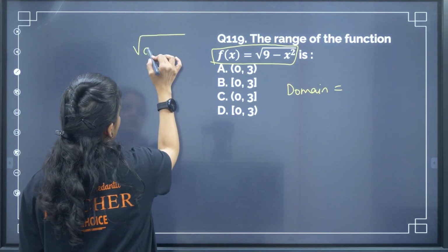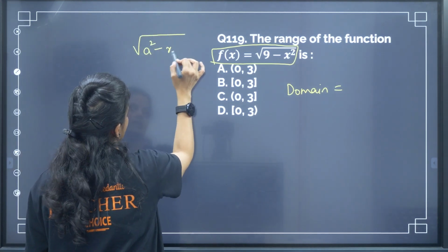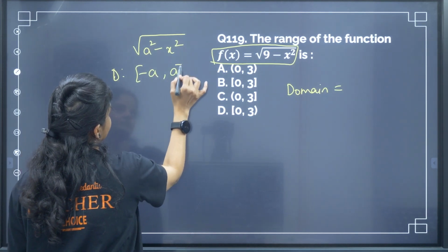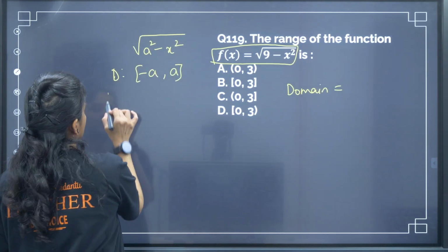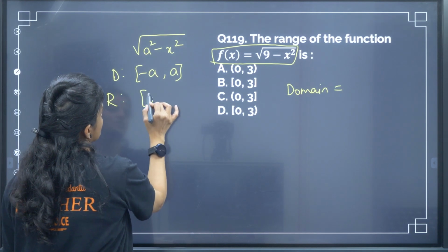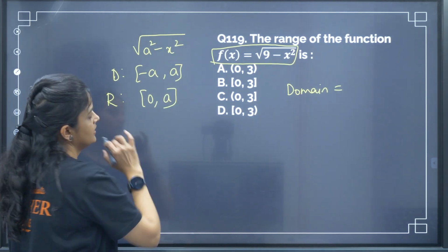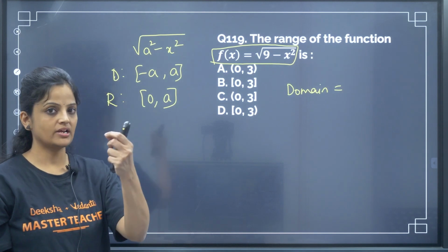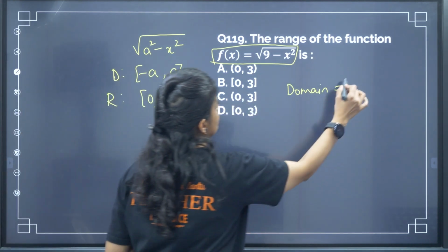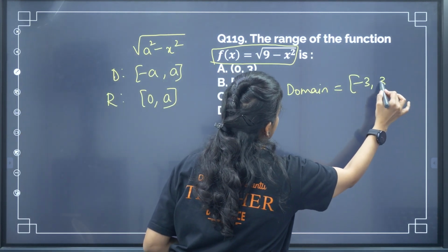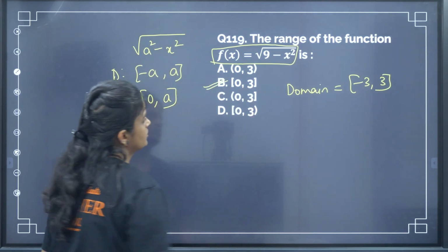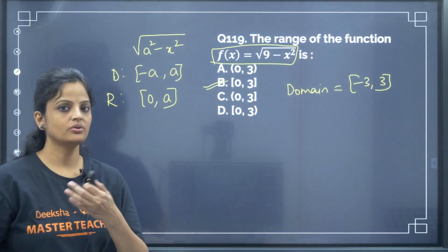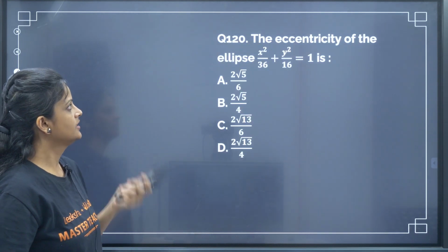When you have a square minus x square, the domain will be minus a to a, and the range will be 0 to a. That's all you need to do. Identify the value of a. It is 3 square, so a is 3. So the domain will be minus 3 to 3 and the range will be 0 to 3. Done. Finish. So standard functions are there, we don't have to do much in this.